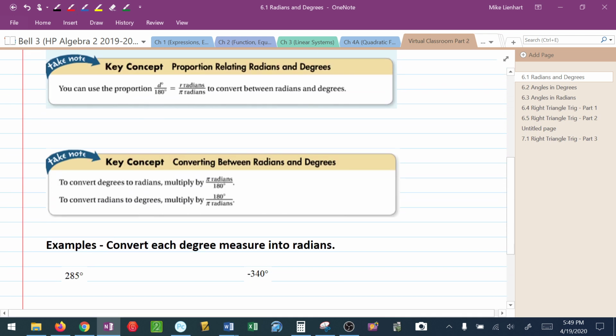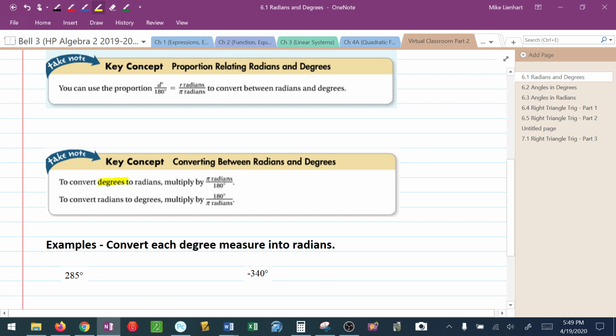Now, what this leads us to is being able to write a proportion that relates radians and degrees, and that's d over 180 is equal to r over pi. That's a way that we can set up a proportion and cross multiply, but the way that I prefer to do the conversions is very simply this.